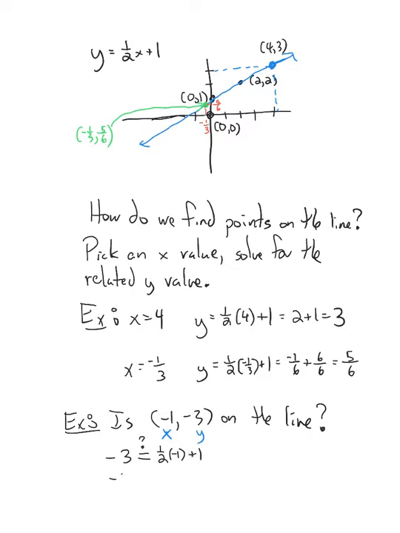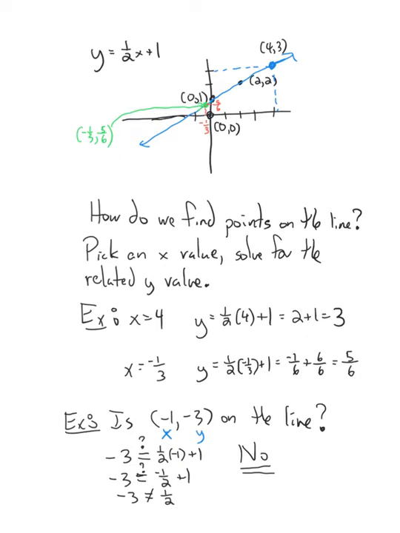Let's check. Negative 3. Well, a half times negative 1 is negative a half plus 1. So negative 3 doesn't equal 1 plus negative a half, which is a half. So they don't equal, so the answer is no.